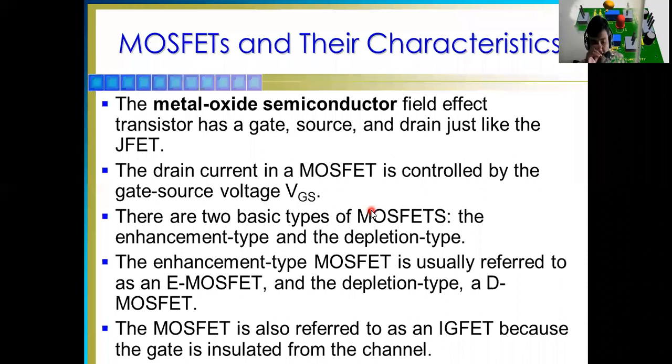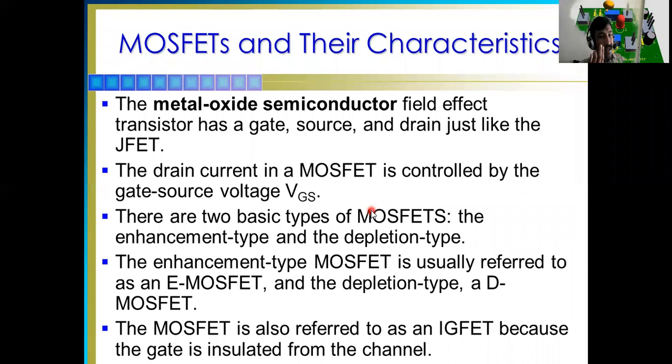Now we move toward the metal oxide semiconductor, that is the MOSFET and its characteristics. The name indicates metal oxide semiconductor, and the remaining part is field effect transistor, right?